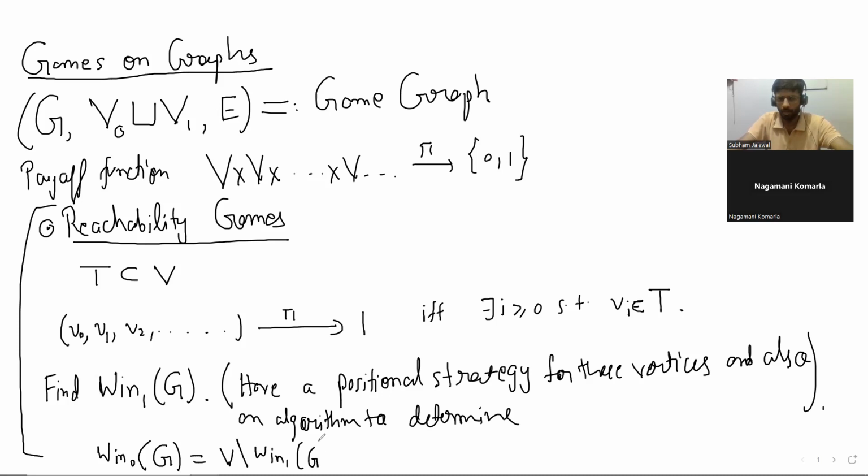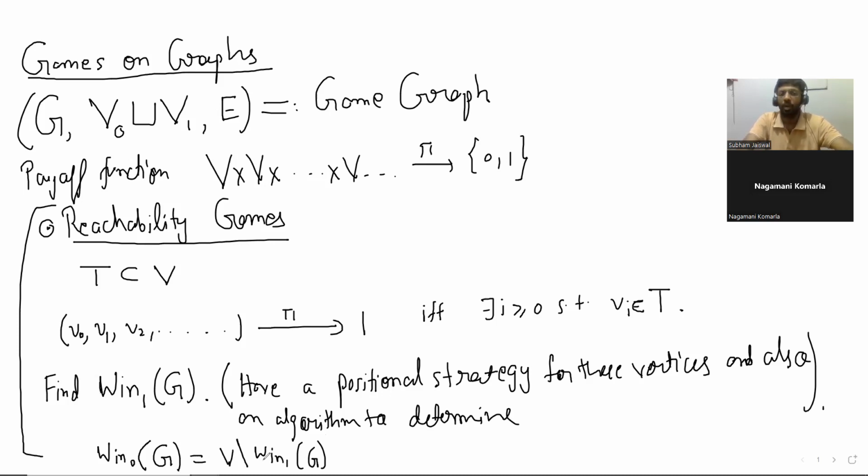These are the vertices from where player 0 has a strategy of never reaching T, never letting the game reach T, no matter what player 1 does. Do you agree? Yes, sir. Right, because it's just a complement.